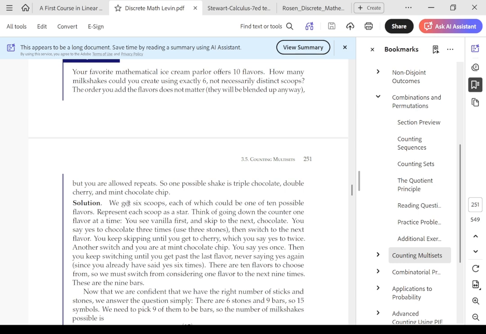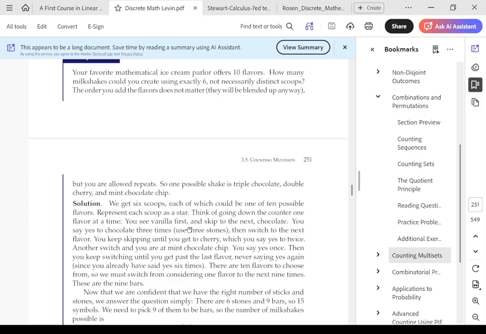I'll stick to the sticks and stones method, just because I've been using it in previous videos, but it does get confusing here because he starts off calling them stars, and then later he uses three stones in his description. So just wanted to give you guys a heads up. I think that's just a typo. He alternated between the different terminology that he was using. So I'll stick to the sticks and stones method here, and let's run through the solution.